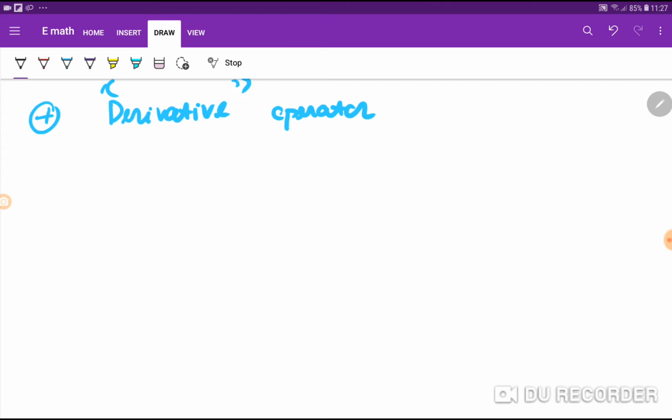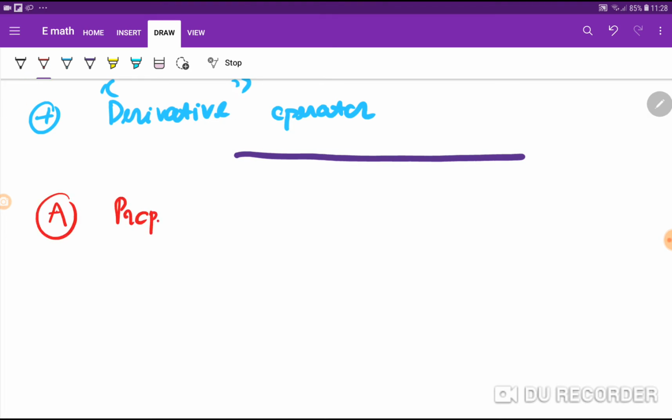But before we dive into this, let us explore some properties. I'm going to call it part A, properties.